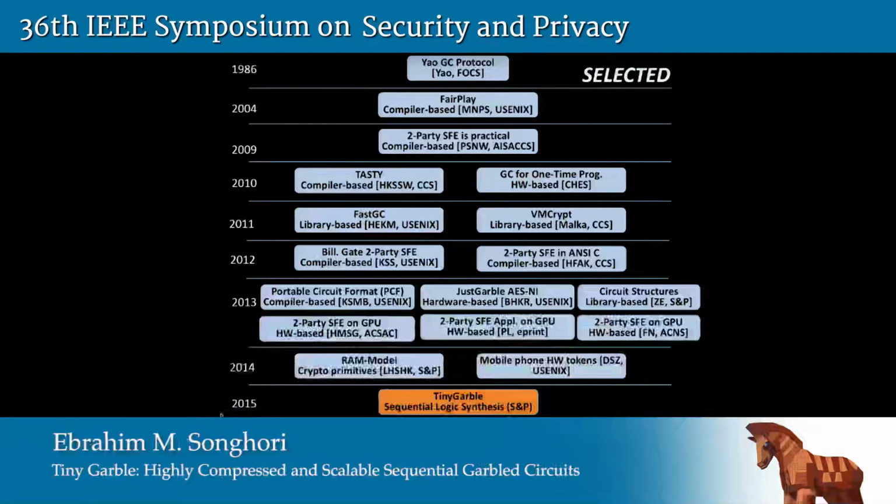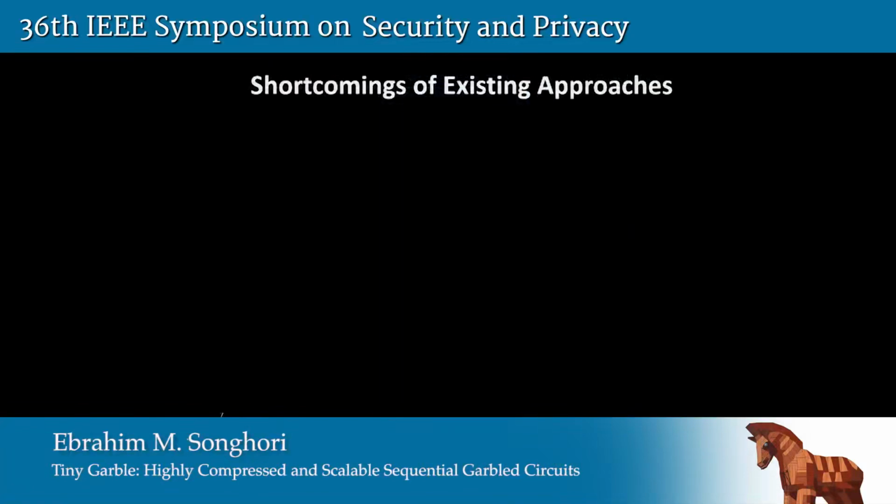We saw that many of these works try to implement a compiler or a library to solve the problem in the first step of garbled circuit, which is making a Boolean circuit out of a function description. And still, there are some shortcomings in this step.